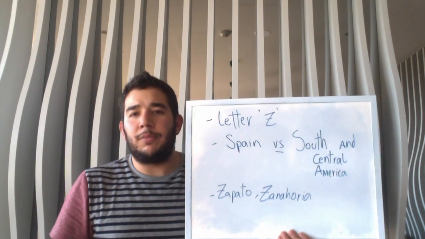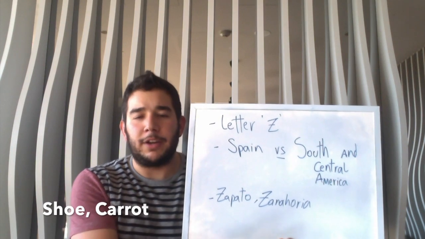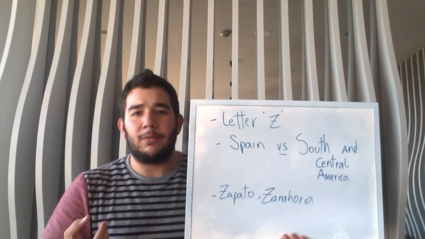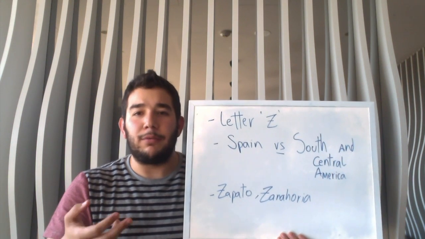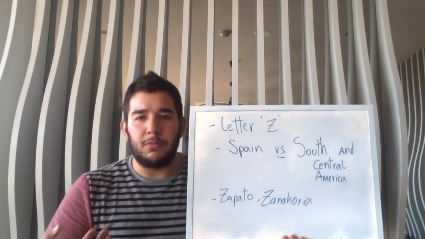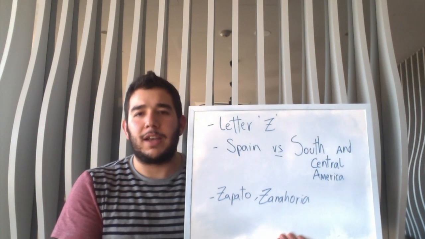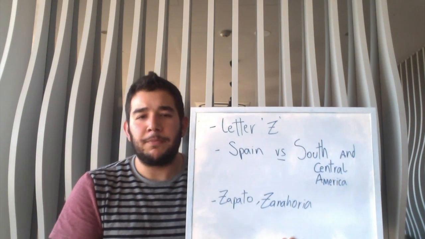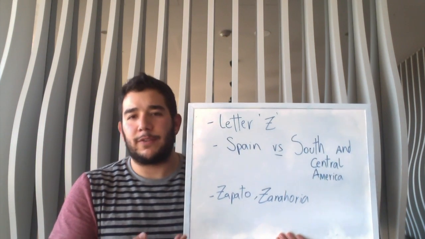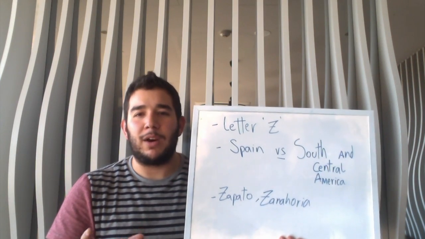In Spain, they will read words like zapato or zanahoria with a strong sound whenever they read a word with the letter Z. But in South and Central America, most of the people would be pronouncing it like an S. So normally I would say sapato instead of zapato. So just pay attention with this one if you're watching movies or series from Spain, or even if you meet anyone from Spain, you actually know the reason why they speak like that.